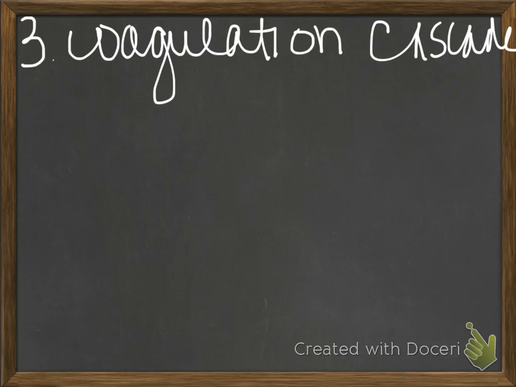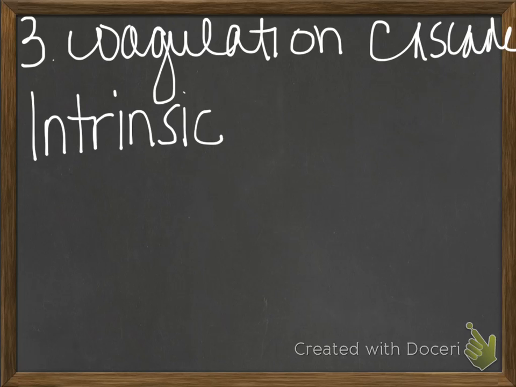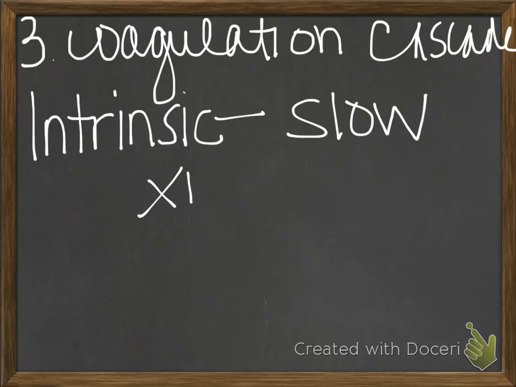So if we talk about intrinsic pathways, an intrinsic pathway is a slow process. Alright, and it begins in our circulation, and it begins with the activation of factor 12. So intrinsic, inside the body.